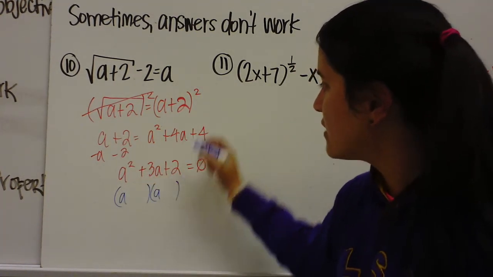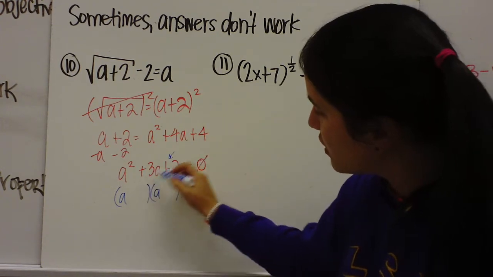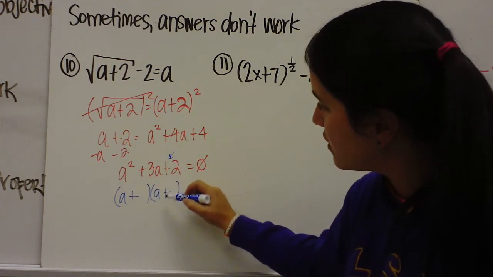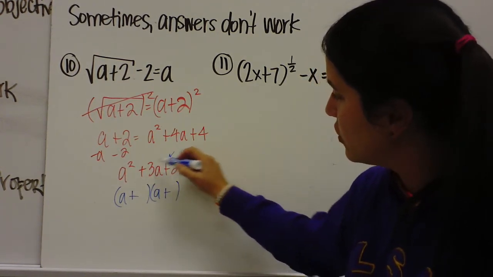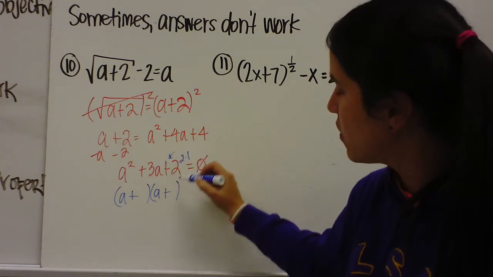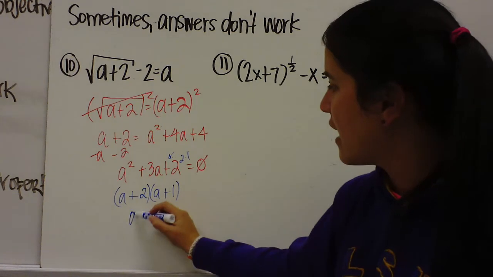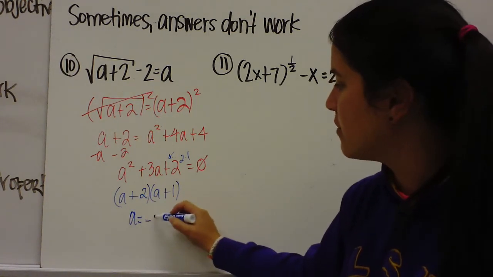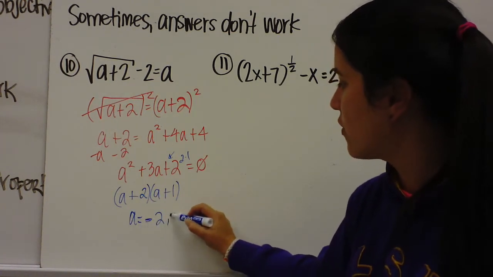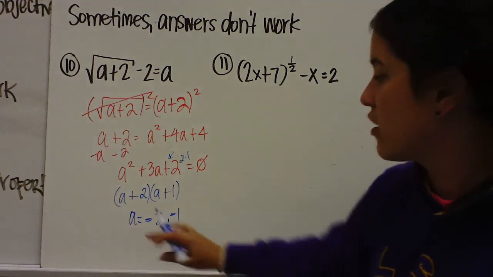Since this is positive, they're both going to be positive. To get 2 times 1, this would be 2 and 1. And when you solve it, a is going to be negative 2 or negative 1. So those are what we're saying are our solutions.